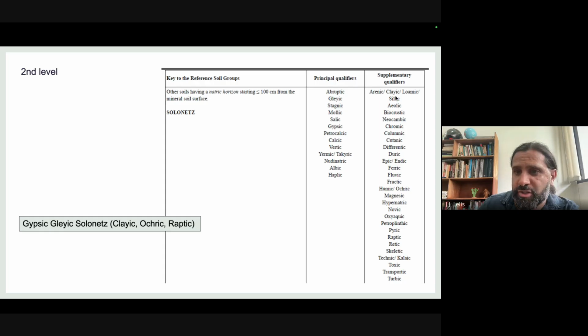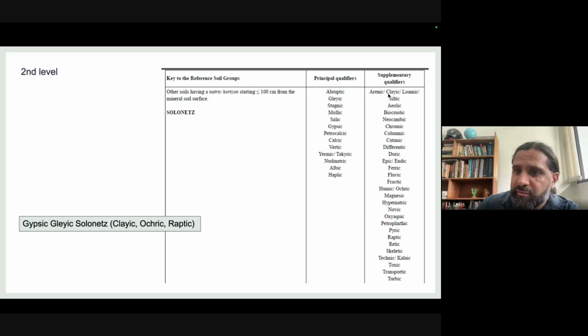Okay, so I can just use one of them for the same section. Of course, because it does not make sense that I have a section that registers clayic and loamic textures at the same time. But I can register a soil with an arenic section in the first, let's say, 20 or 30 centimeters, and below it register a clay texture. So I can express both textures, no problem. I just need to inform that they are connected to different sections in the soil, okay?